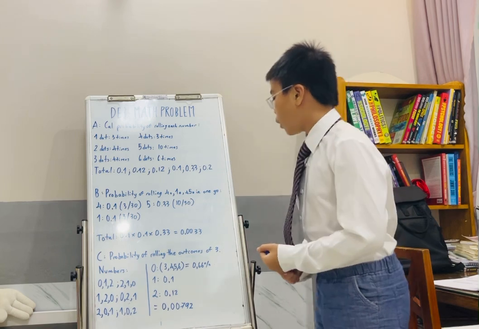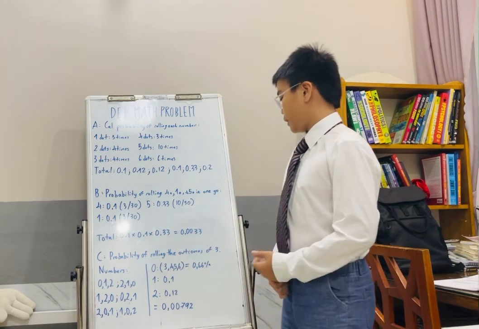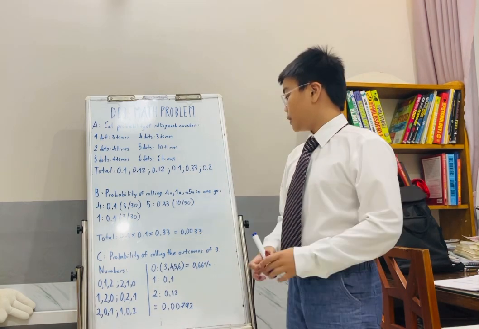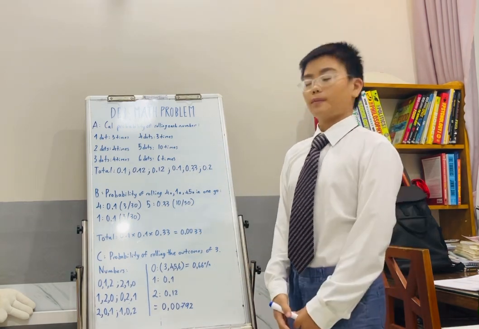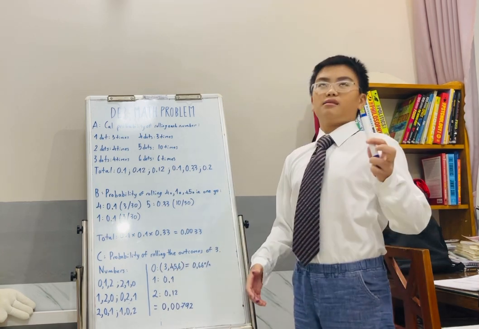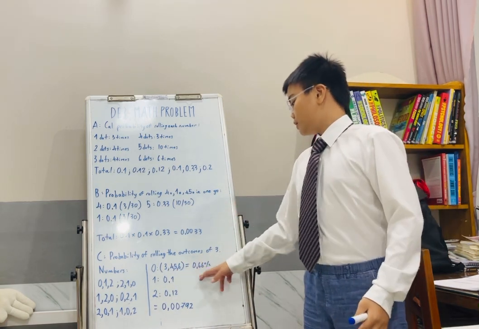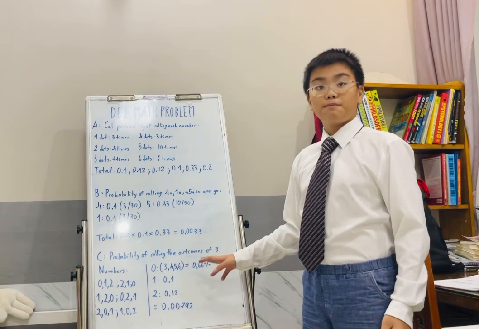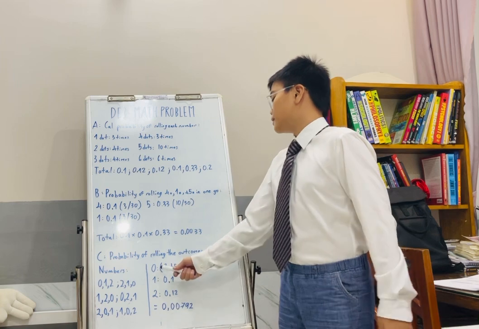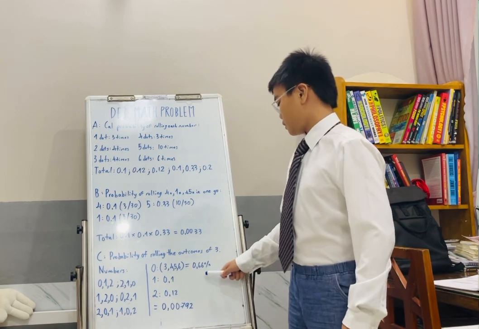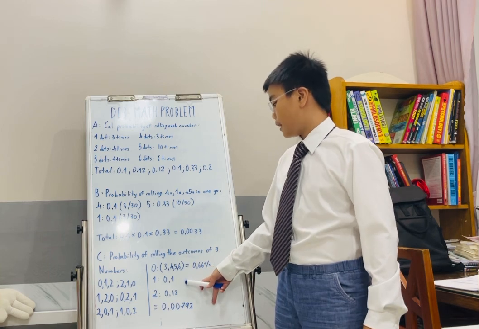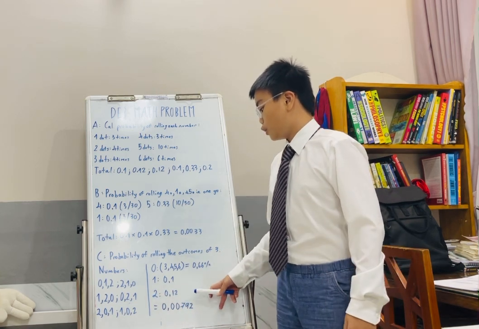Now, in order to calculate the probability of rolling the outcomes of 3, we have to first calculate what the probability of rolling 0 is. Because it is 4 numbers, it is around 0.66. Continuing, 0 is 0.66, with 1 being 0.1, and 2 being 0.12.